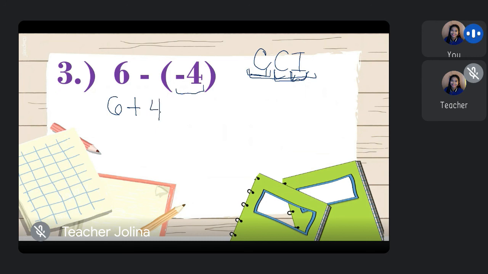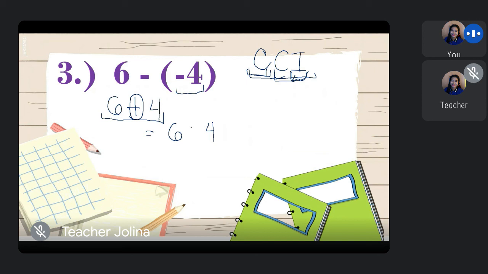Okay? And now here, the operation is addition. So you're going to apply kung paano tayong mag-add ng integers. Again, get the absolute value of 6, 6 is still 6. And absolute value of 4 is 4. And as you can see, we are adding integers na kung saan ay same sign, kasi parehas po silang positive: positive 6, positive din yung kabila which is positive 4.